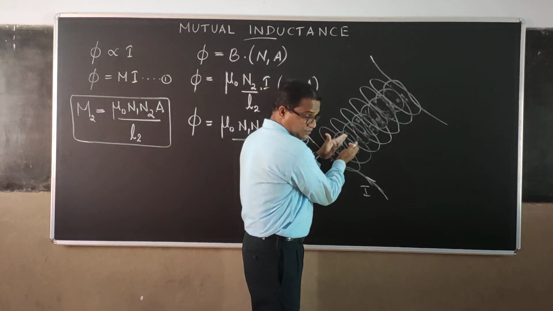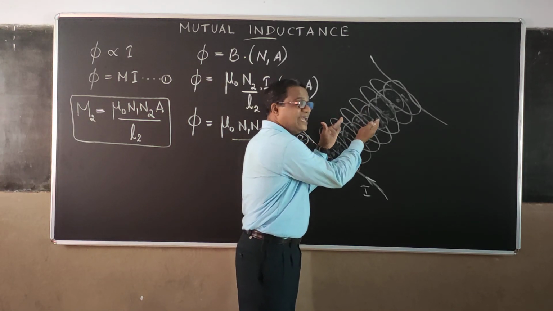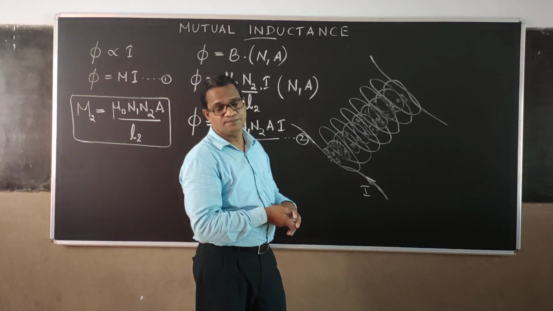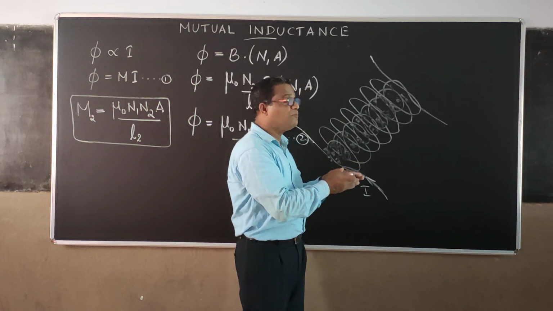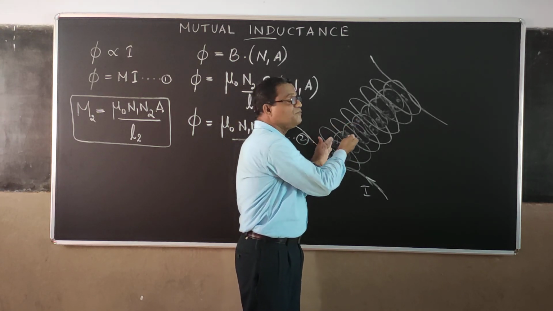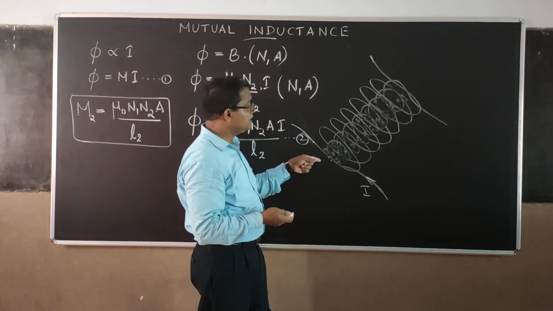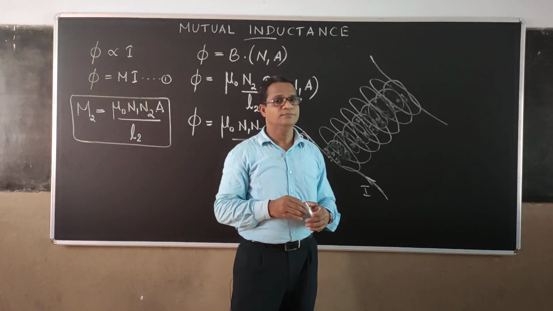Within that magnetic field, a part of the outer coil area is linked. So there will be a flux linkage with a part of the outer coil area with the field produced inside the inner coil. Understood?